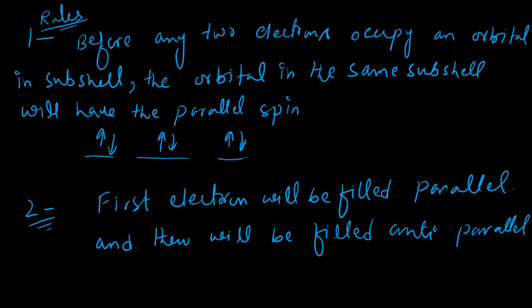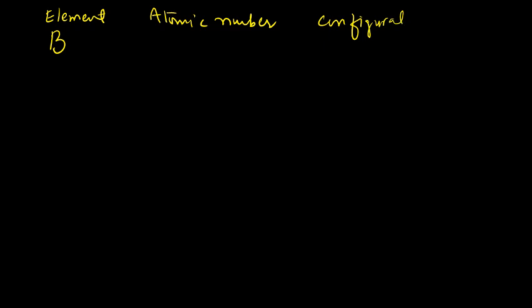Here we have a few examples to understand Hund's rules. For example, we have boron. Here we can write the element, the atomic number, then the configuration, and then the spin of the p electrons.